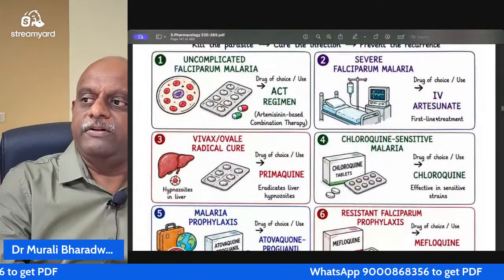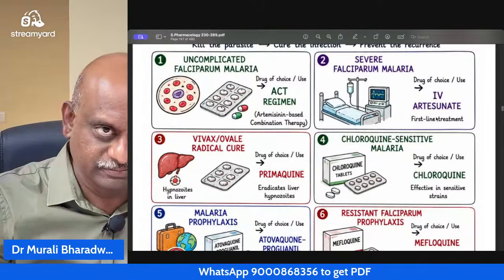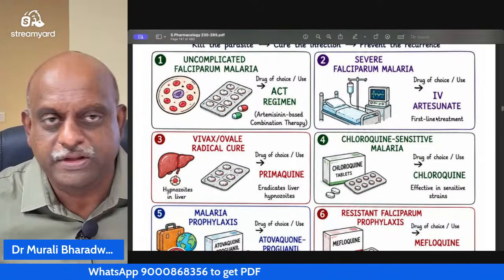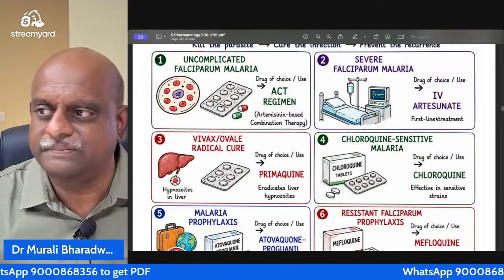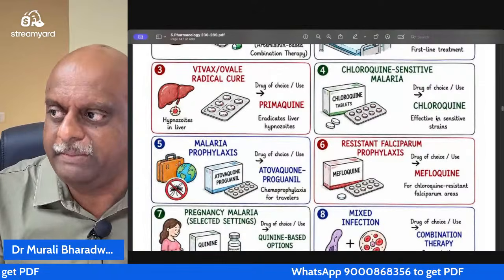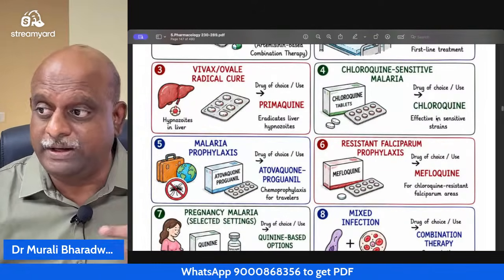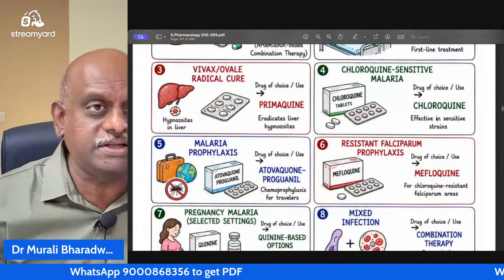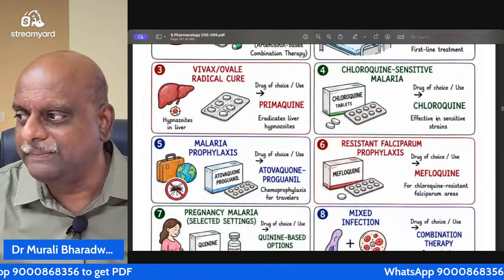Now, if it is uncomplicated falciparum, what will you do? Artemisinin based combination therapy. Severe falciparum malaria, IV artesunate. Vivax and ovale, radical cure by primaquine because it eradicates hypnozoites. Chloroquine sensitive malaria, chloroquine. Malaria prophylaxis is atovaquone-proguanil.